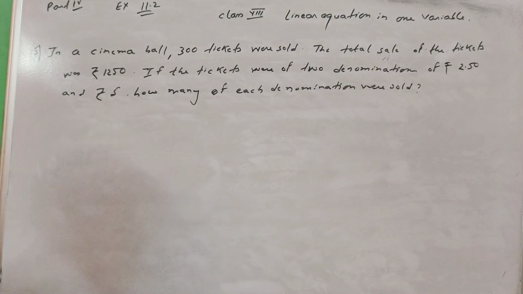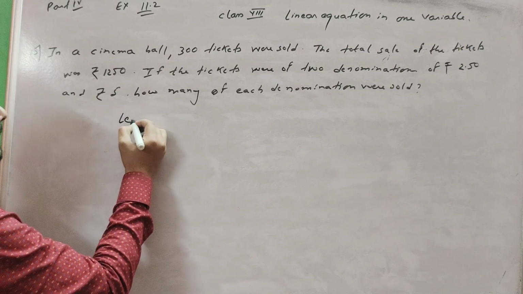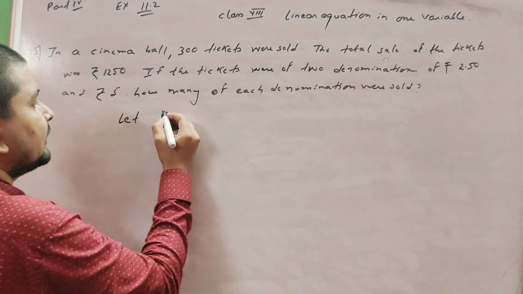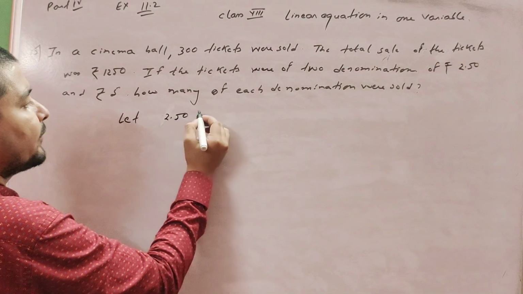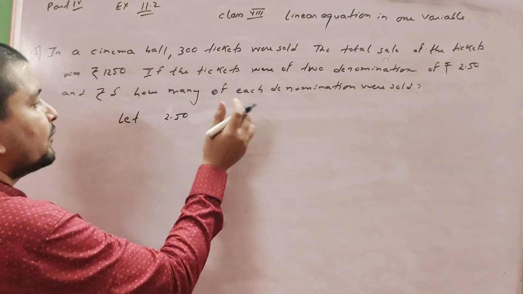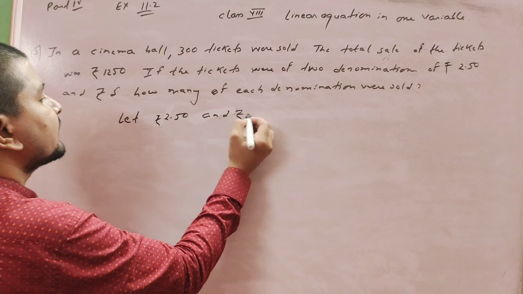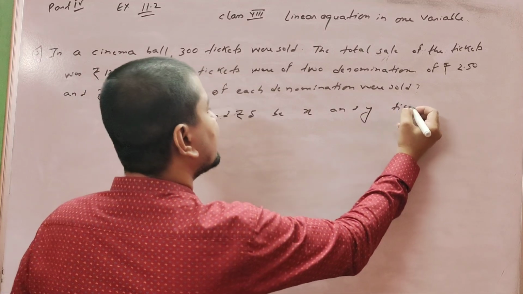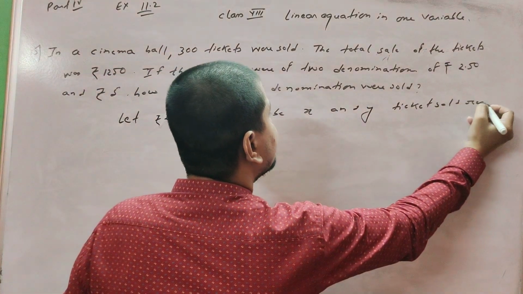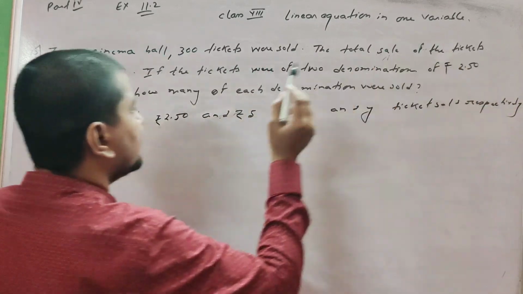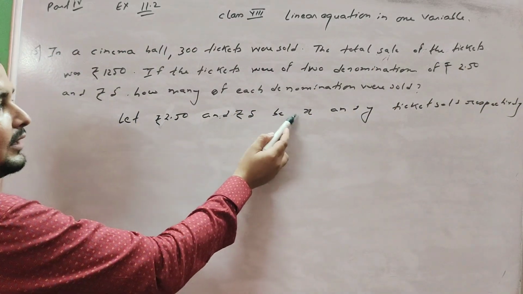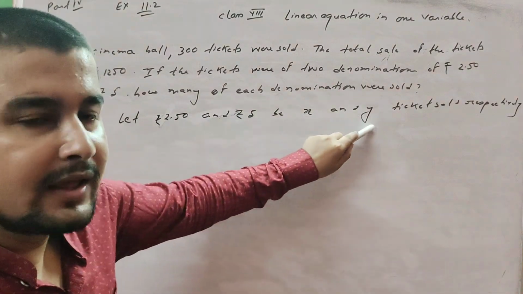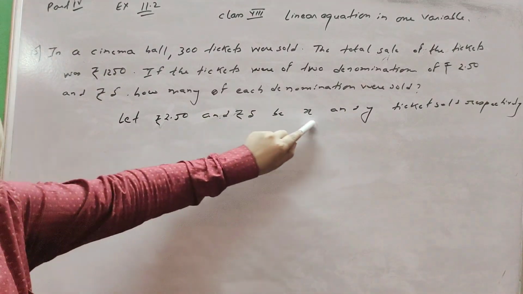That means find the number of tickets of rupees 2.5 sold and the number of rupees 5 tickets sold. Okay, clear? So let there be two types of ticket. Let the number of rupees 2.50 tickets and rupees 5 tickets sold be X and Y respectively.